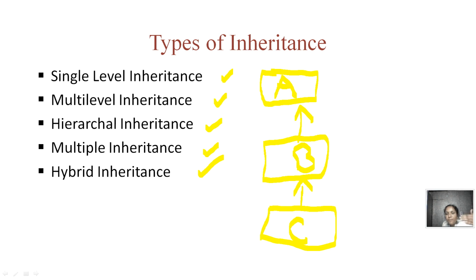First, the A class exists and there is another derived class B. B acquires the properties from the A class, and now we have defined one more class C which acquires the properties from the B class. Indirectly, C also acquires the properties from the A class.